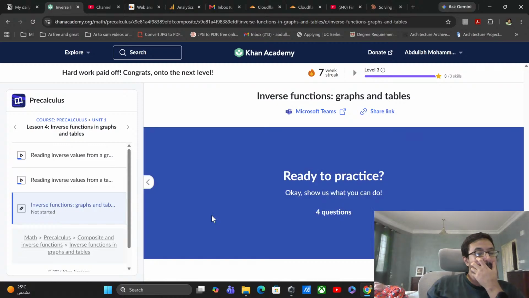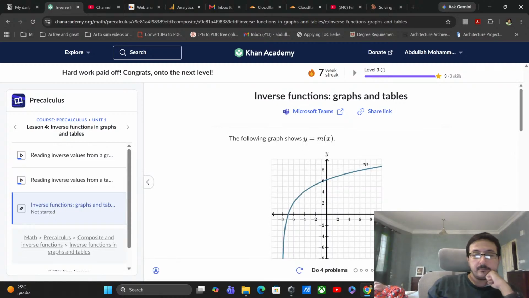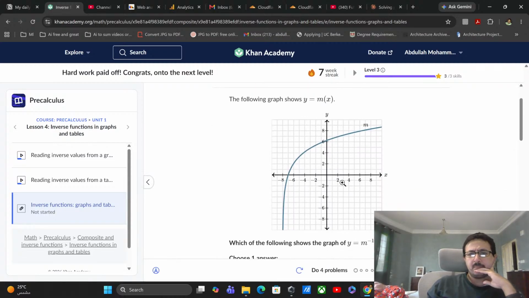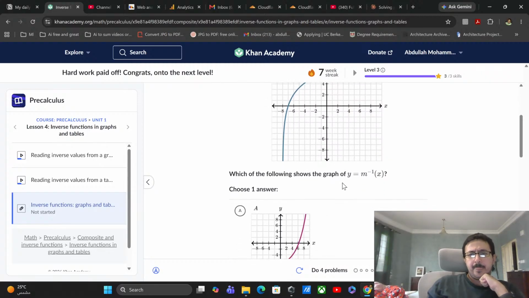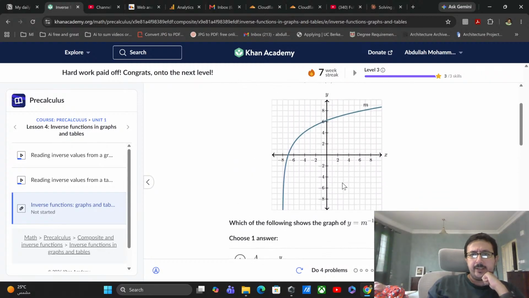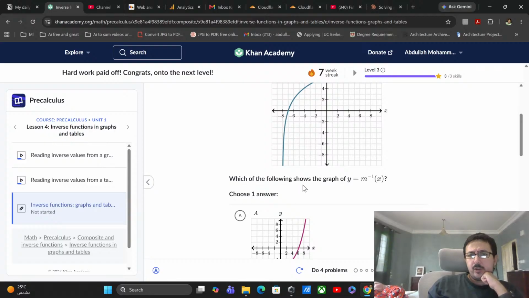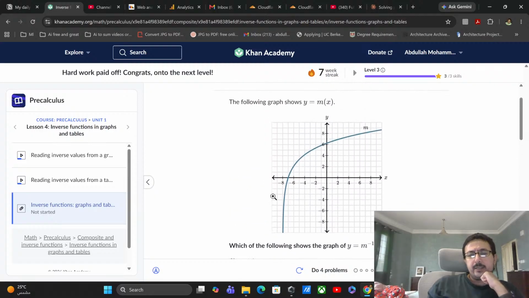Okay. Let's do this. Which of the following shows the graph of y equals the inverse of the given function? Choose the answer. Okay.